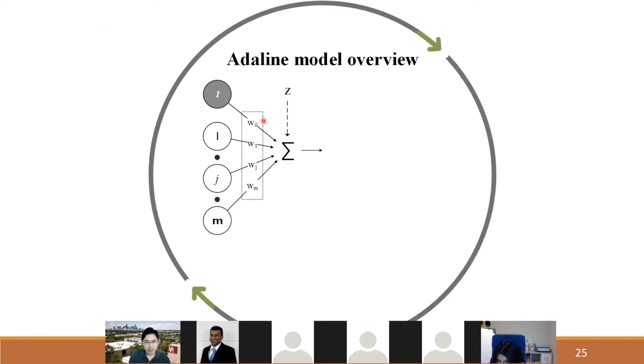If you put the weights together, it's a vector of length not only m, but m plus 1. The plus 1 part is the bias. And we tend to put the bias at the beginning, which is easier to refer to. With index 0, it's always the bias. So with the net input, you weight the input with the weights and then calculate the sum.